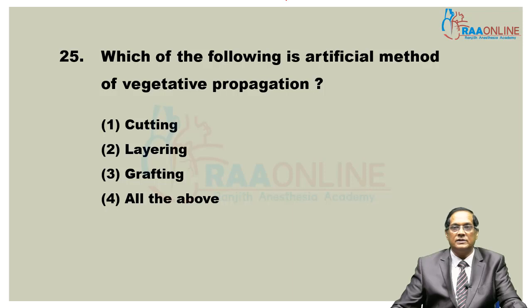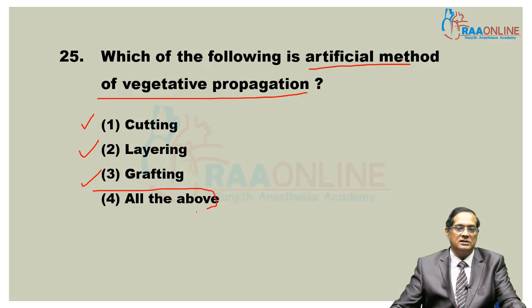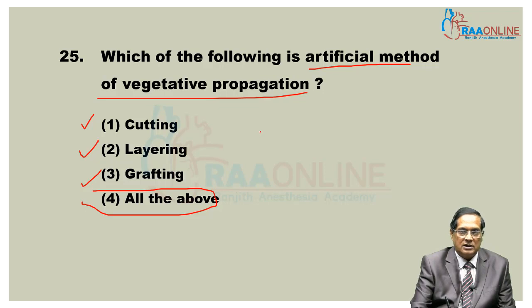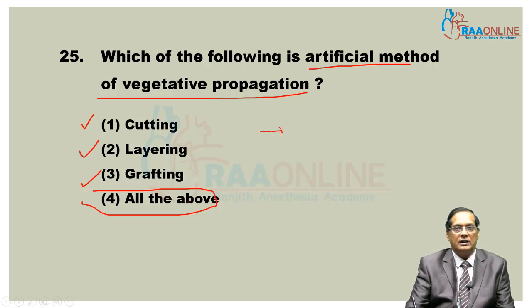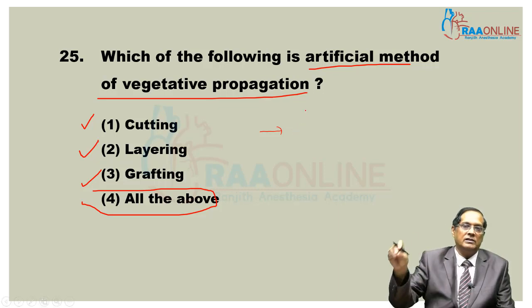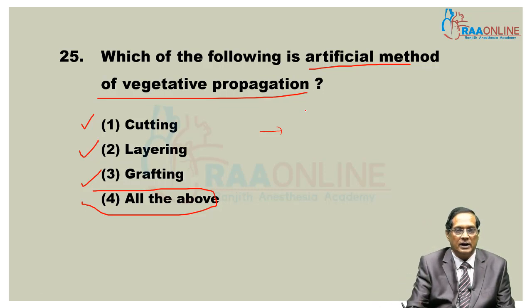25th question, which of the following is an artificial method of vegetative propagation? Cutting, artificial. Layering, artificial. Grafting, artificial. Hence the answer is the 4th one. In cutting, a part of the plant, which may be a stem, leaf or root, is cut and induced to form roots, then put in the soil to develop into a new plant.